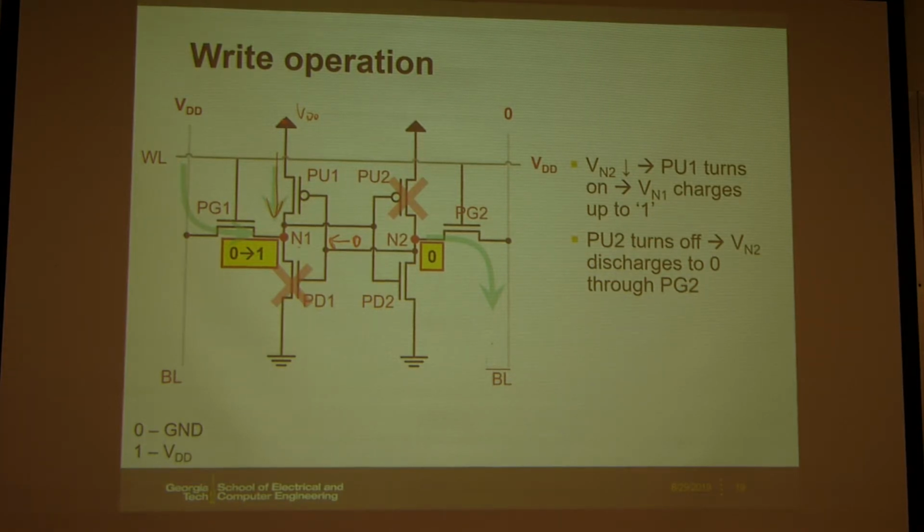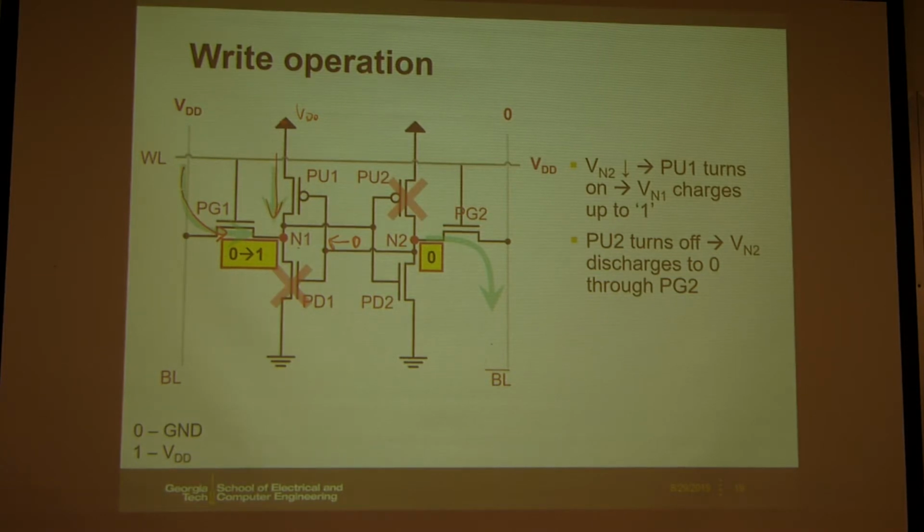So previously you only had this path to charge the N1 node. But as we discussed earlier, during the read operation, this charging current is not large enough to really raise the N1 node voltage. But now the PU1 is on, so you have additional current from the VDD to charge that N1 node.